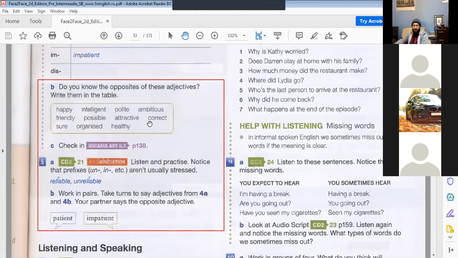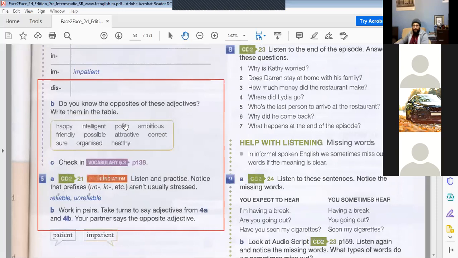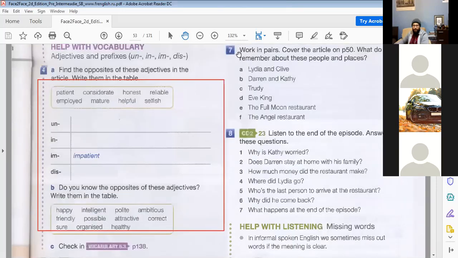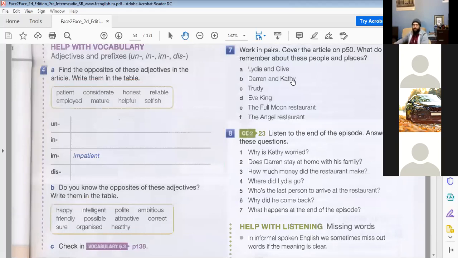Reliable. Unreliable. Employed. Unemployed. Considerate. Inconsiderate. Correct. Incorrect.